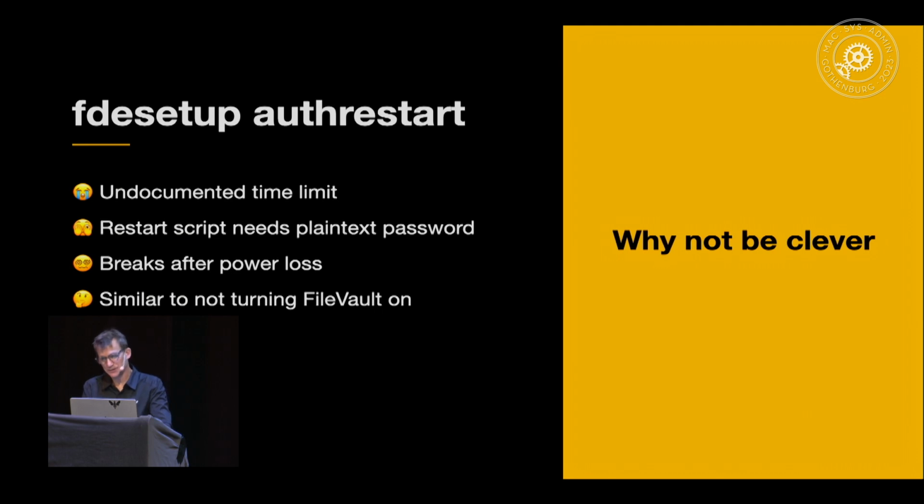However, there are some challenges with that. There's an undocumented time limit. The restart script needs the plain text passcode stored on disk in a script. That seems kind of scary. That solution breaks if there's been a power loss. And it's kind of similar to just not turning FileVault on.